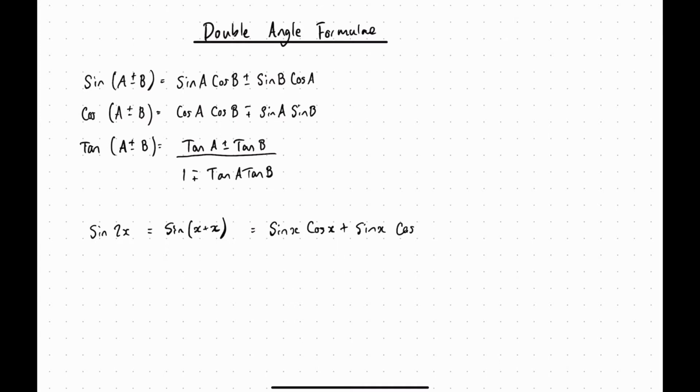How can that be rewritten? Yeah, just 2 sine x cos x. So sine 2x is the same as 2 sine x cos x.